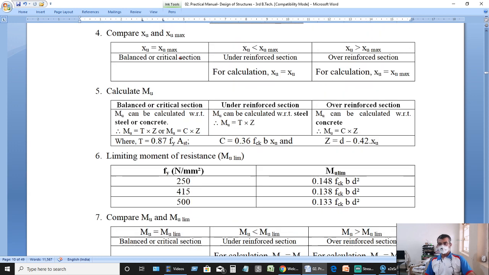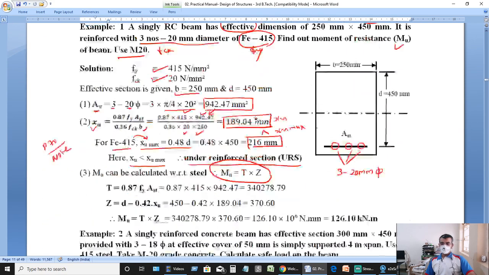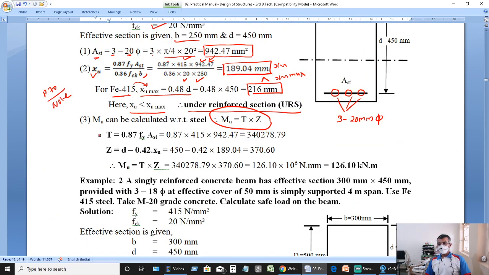Yes, your XU is less than XU max, so it is under reinforced, and you will get the moment by T into Z, where T is equal to 0.87 FY AST, C is equal to 0.36 FCK B into XU, and Z is equal to D minus 0.42 XU. So we will use that here. You find out the T, you find out the Z, and you find out the Mu. So this is your moment of resistance.